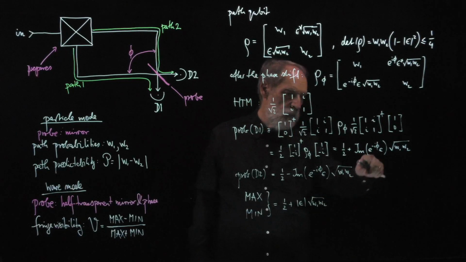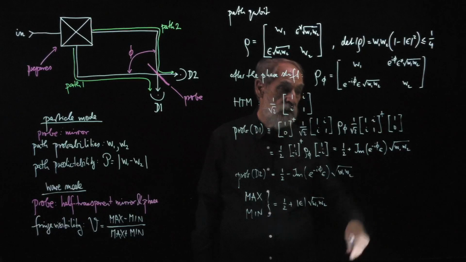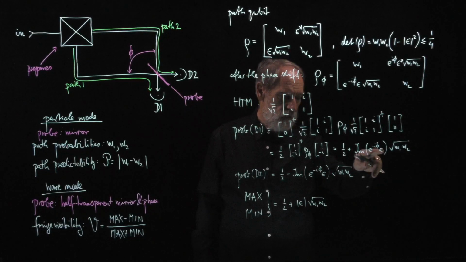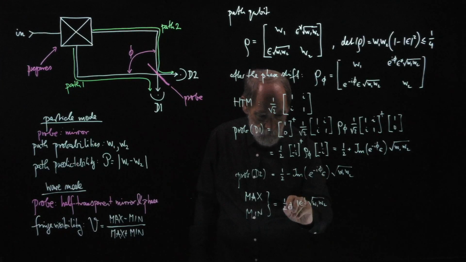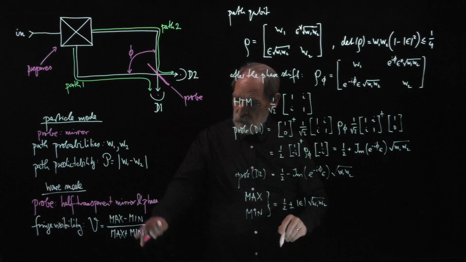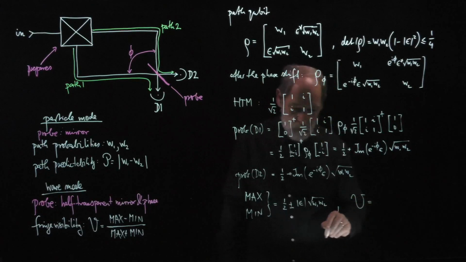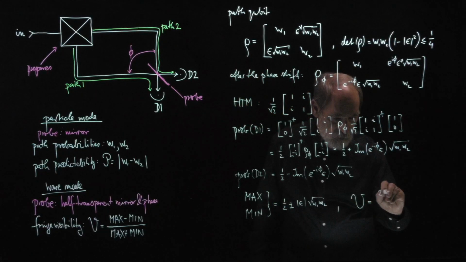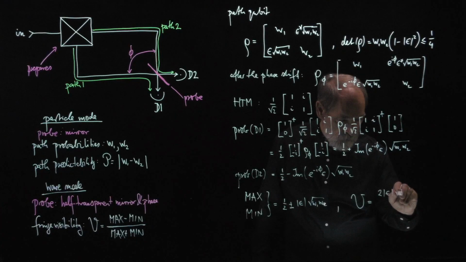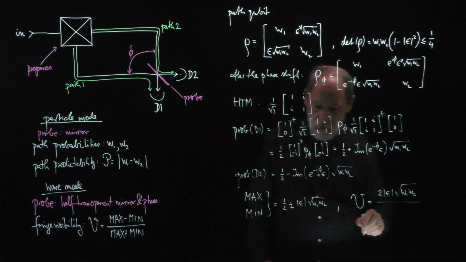That happens when we choose the phase such that the product of e to the minus i phi times epsilon is equal to i times the absolute value of epsilon. Then this just becomes the absolute value. And for the minimum, we have a minus sign here. So what do we find? We find that the fringe visibility is equal to maximum minus minimum. So that's 2 times the absolute value of epsilon times the square root of W1, W2, divided by the sum, which is 1.